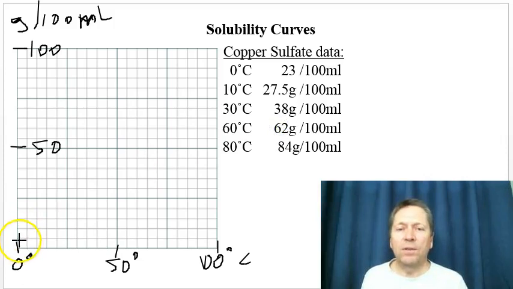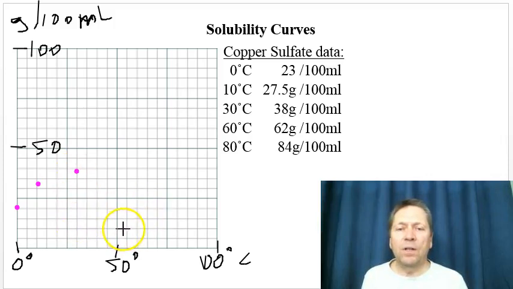At 0 degrees it's going to be 23, which is about there. At 10 degrees it's 27, which is about there. At 30 degrees it's 38, that's about there.